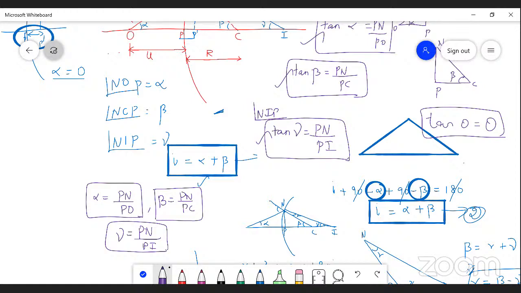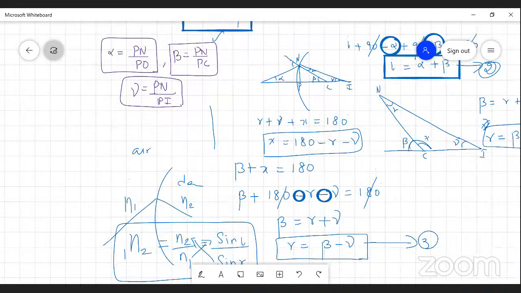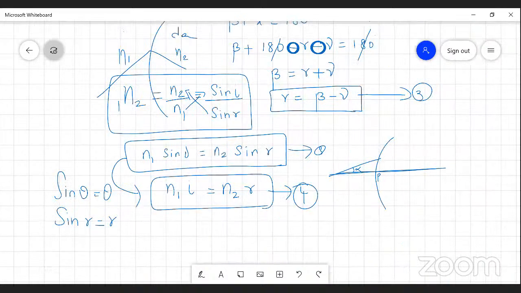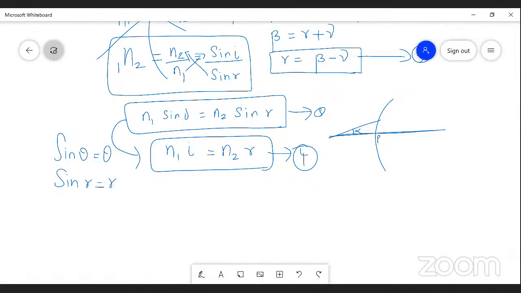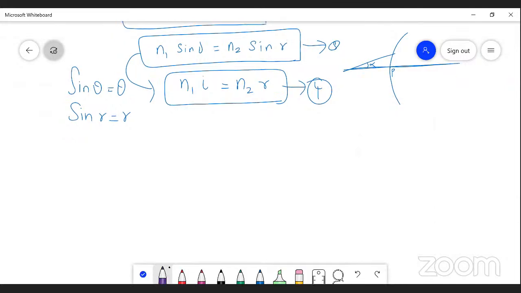Well, the alpha value, beta value, and gamma value are all substituted in equation number 4. According to Snell's law, N1 I is equal to N2 R. N1 is the refractive index of medium 1.